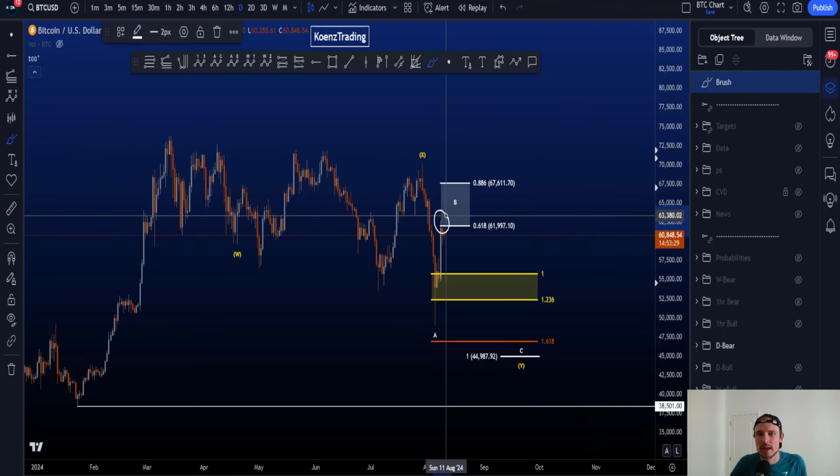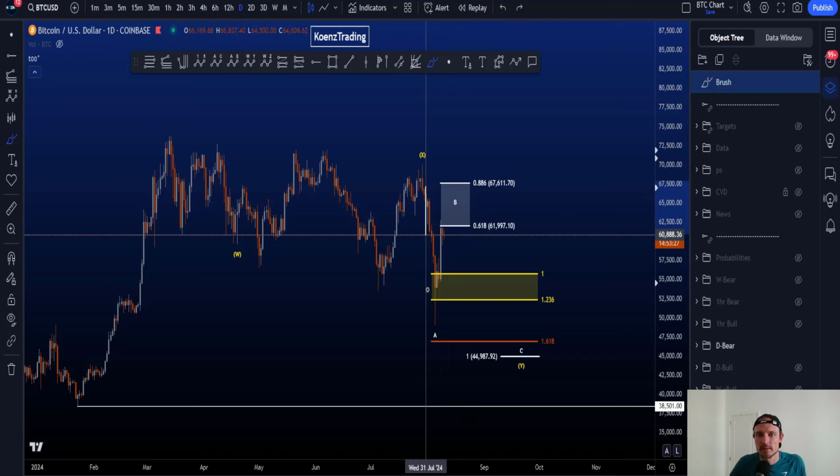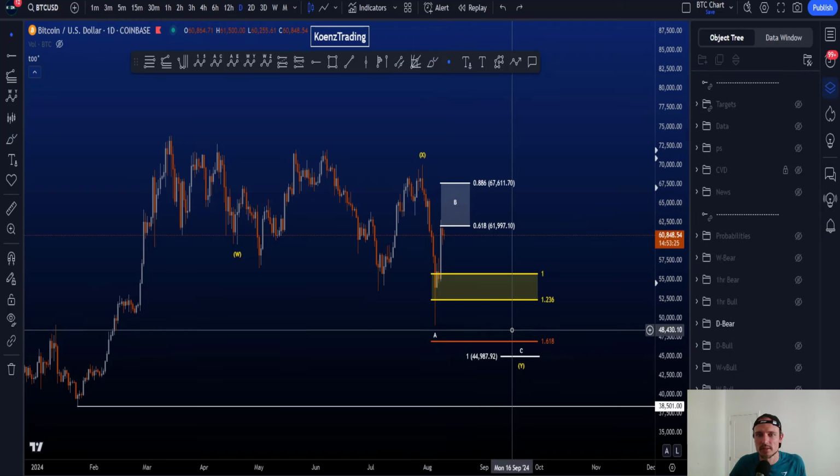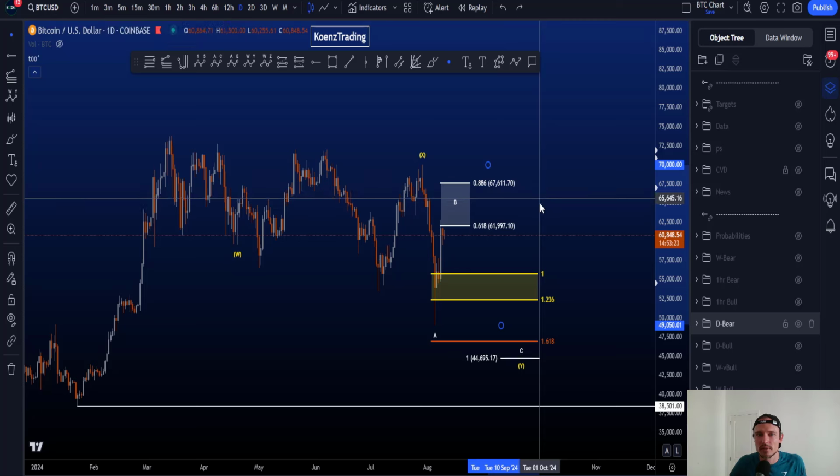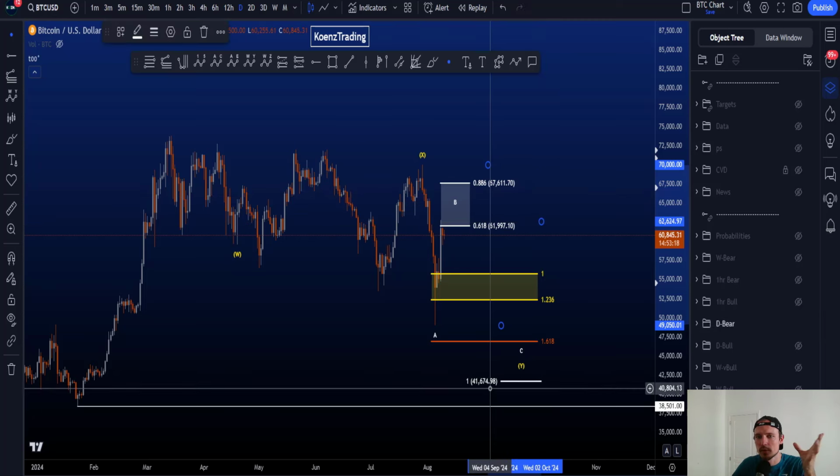And if this would be the end of your wave B here in an A, B, and a wave C towards the downside, then the target for your wave C, as you can see here, is going to be about 41.6k.